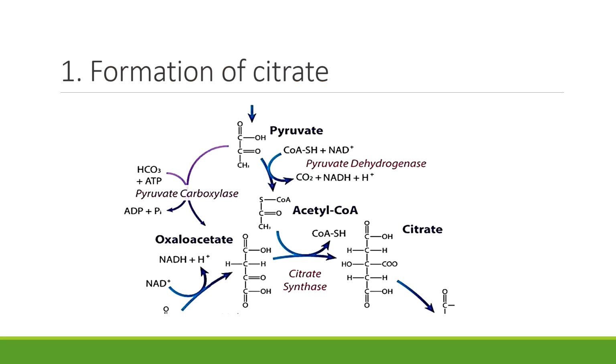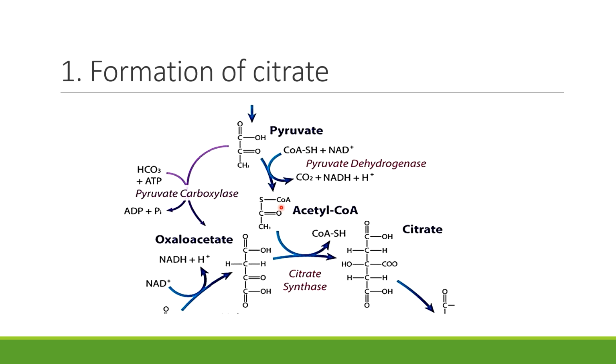The first step is formation of citrate. This is a condensation step in which oxaloacetate condenses with acetyl-CoA, resulting in the formation of a citrate molecule. The citrate, or citric acid, is produced and the reaction is catalyzed by citrate synthase.